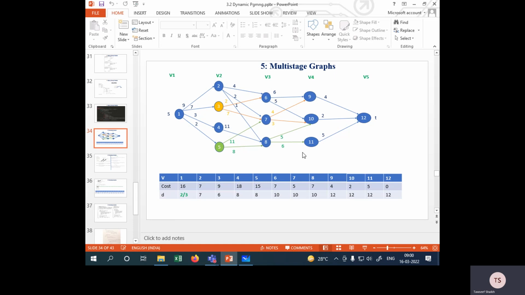So which one will be the minimum? And accordingly, when we choose the minimum edge path in every stage, that will finally take us to this destination, and the weight or cost of that total path will be minimum. So already we have got those from the table.